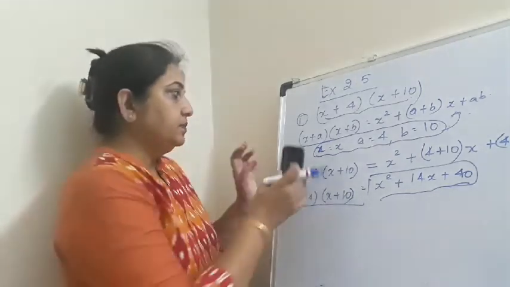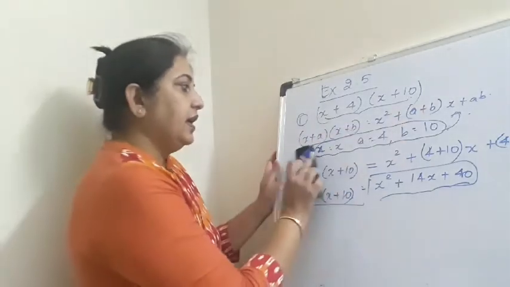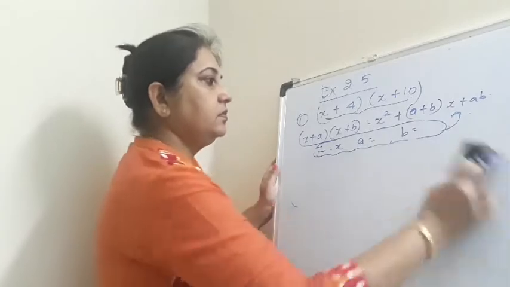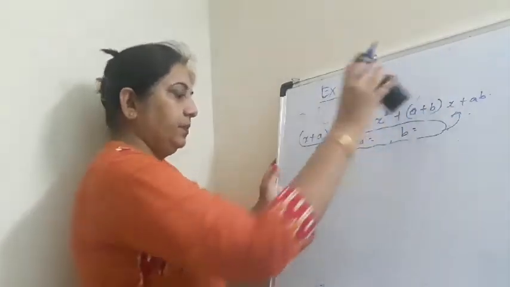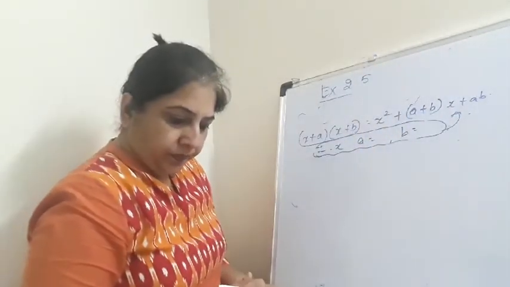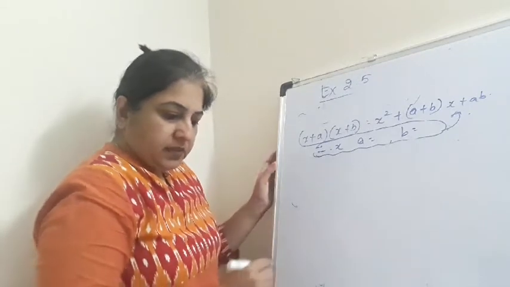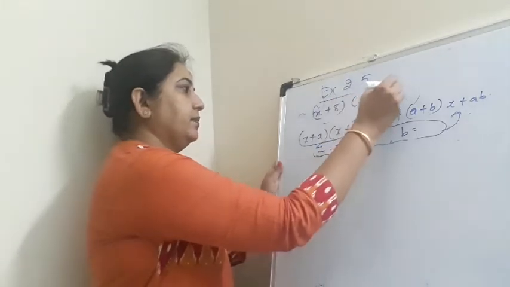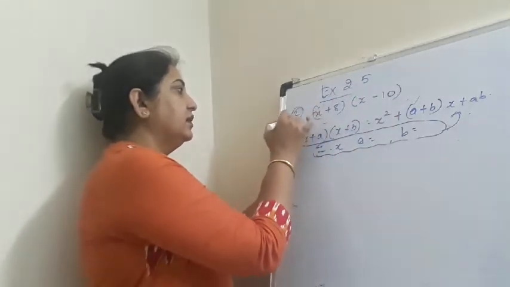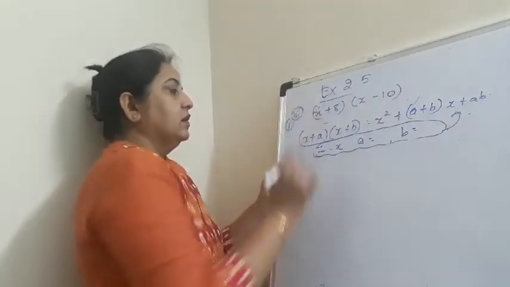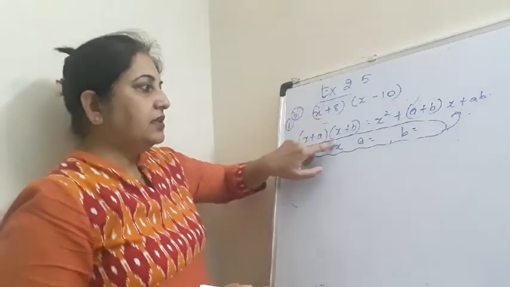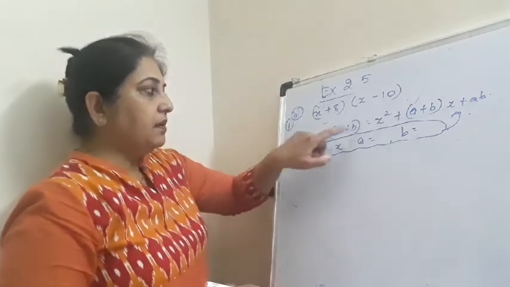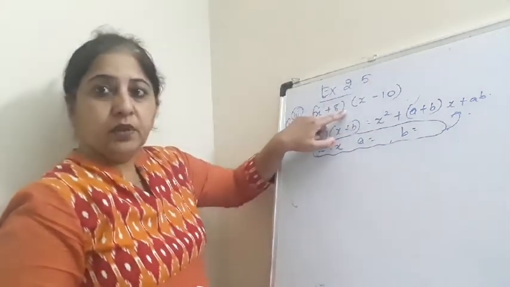Okay, so the identity will be the same, these values will change, and the question which I will take up now is (x + 8) and (x - 10). As you can see here, the question is in this identity form, but the x, a and b values we will look from the question.